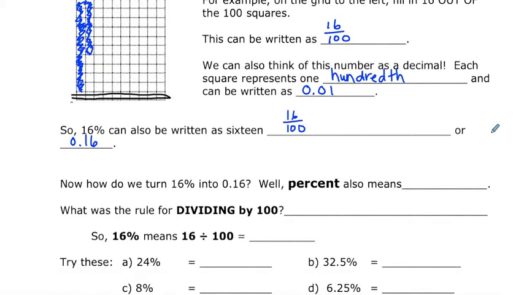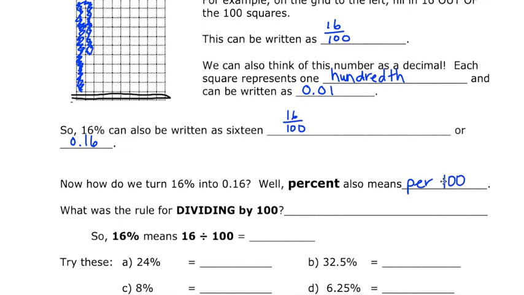So how do we turn 16% into a decimal number, into 0.16, without having to draw a grid and maybe without having to write it as a fraction first? Well, percent also means per 100. So the word per, you should think about as the operation being division. So what is the rule for dividing by 100?